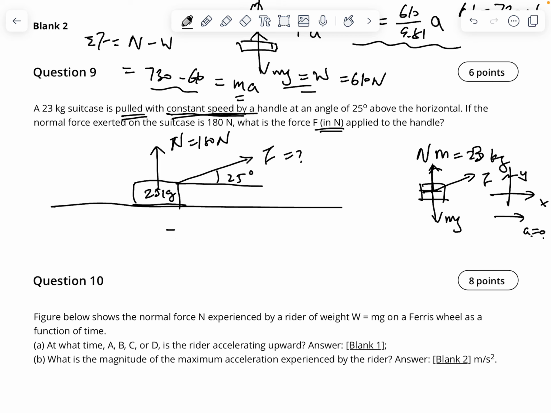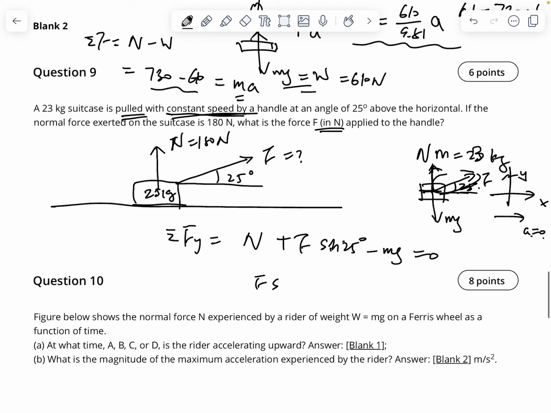So Fy equal to, you see, vertical direction, this is 25 degree. You have normal force up, and then you have a component from here, so plus F sine 25 degree, and then minus mg is 0, right?